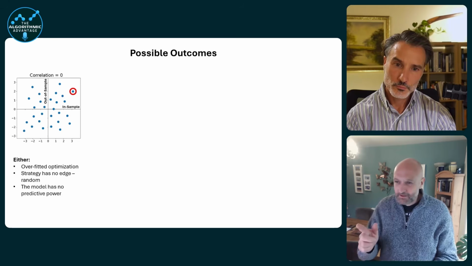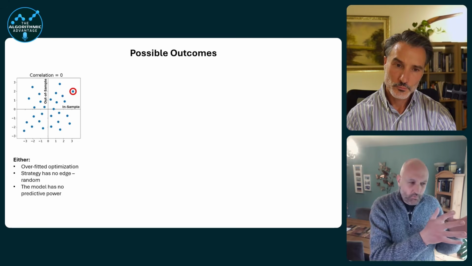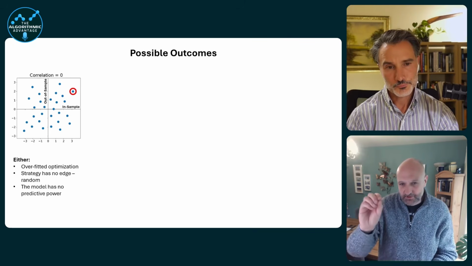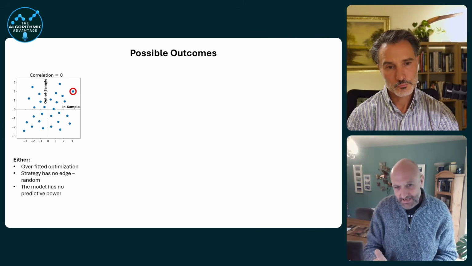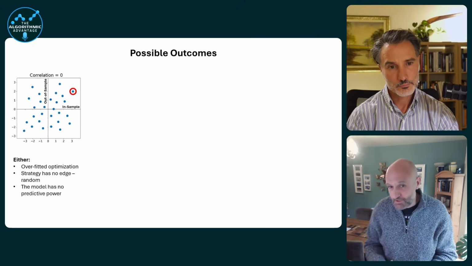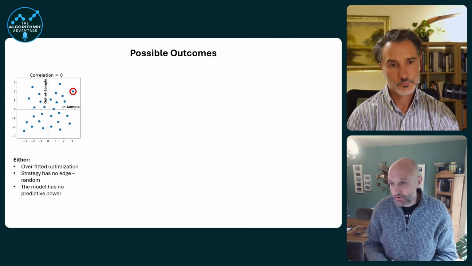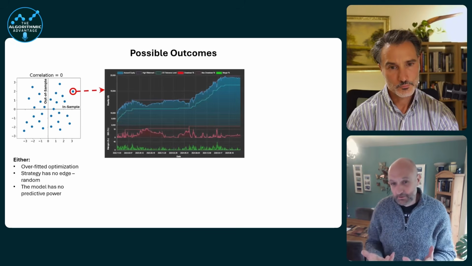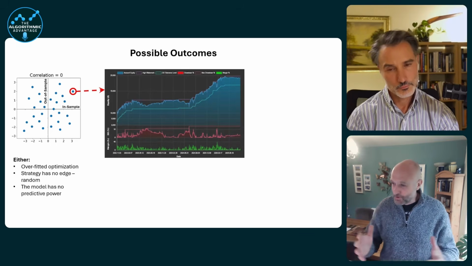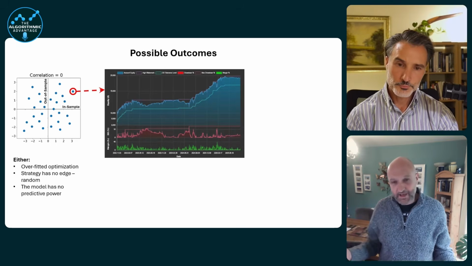Now let's go back to what would have happened in the traditional approach. You'd have selected this and tested it on out of sample. But look, on out of sample, this is positive. So you're going to get a decent looking backtest curve. Fantastic.